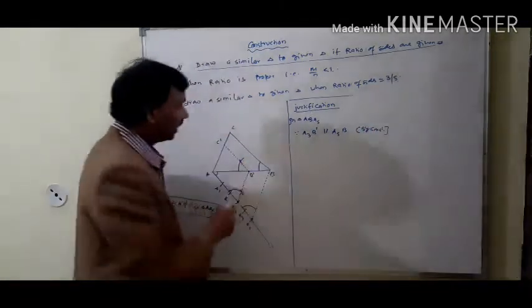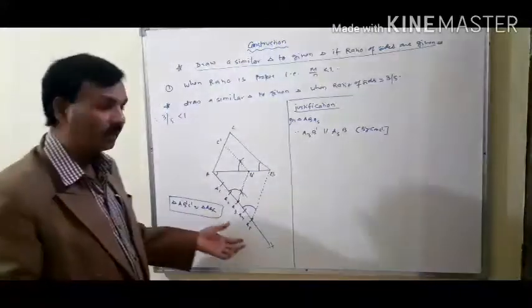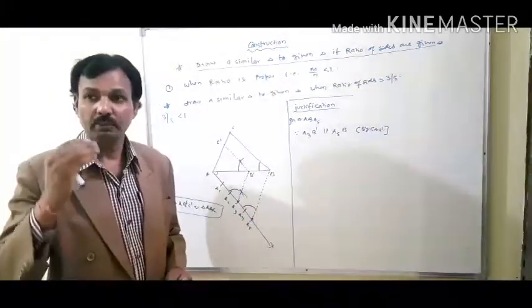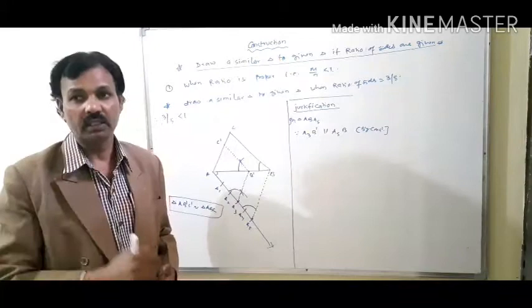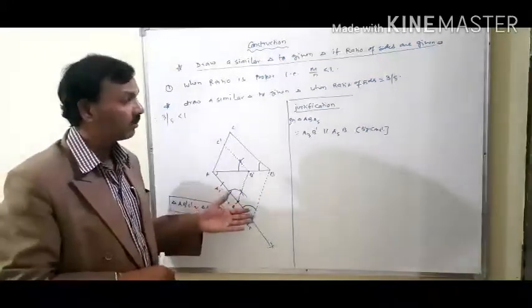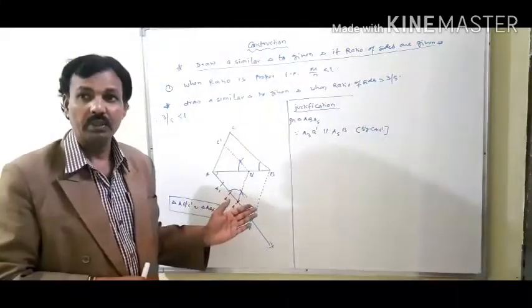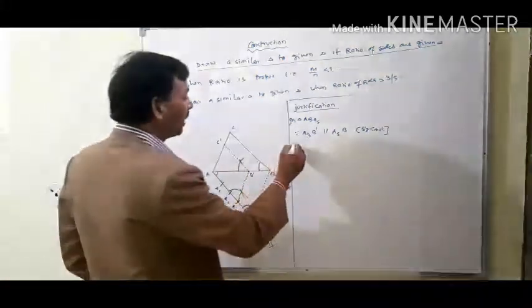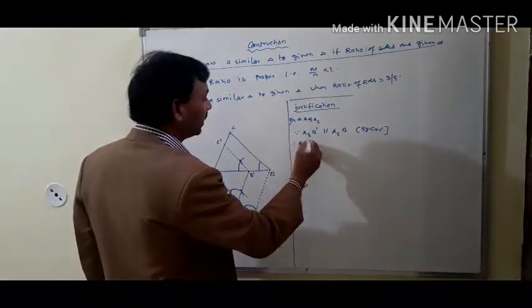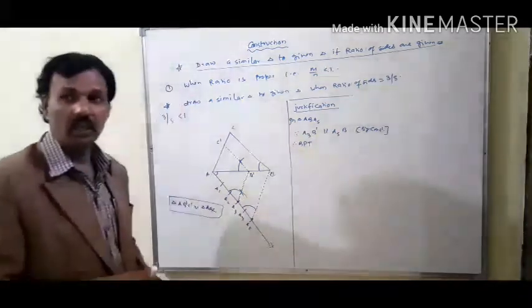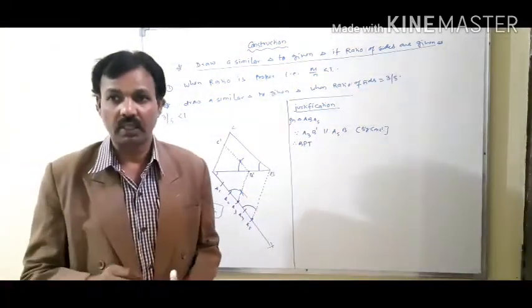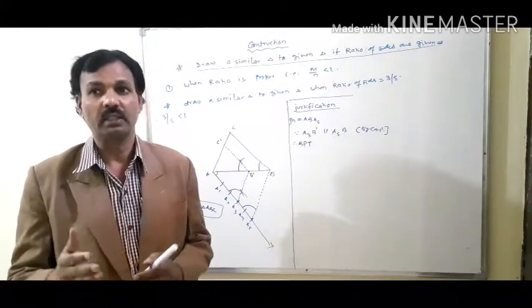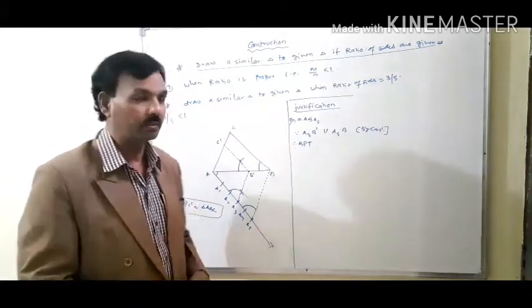Now you can see that in triangle ABA5, one line is parallel to one side of the triangle, so we can apply Thales theorem. Therefore, by BPT, if a line is drawn parallel to one side of a triangle, then that line divides the remaining two sides in the same ratio.